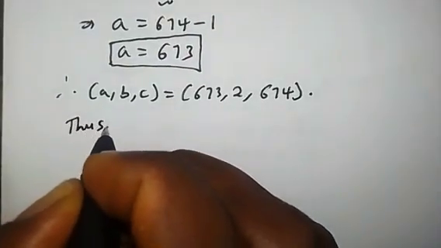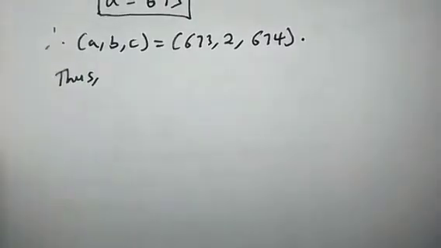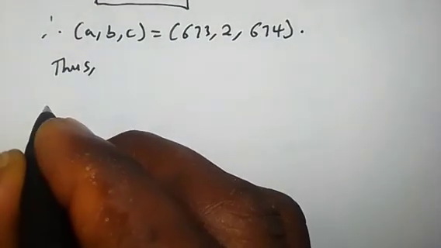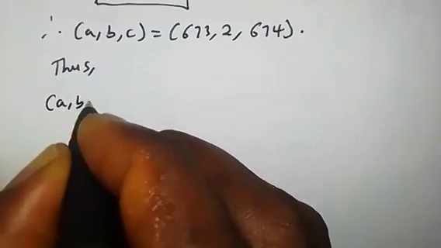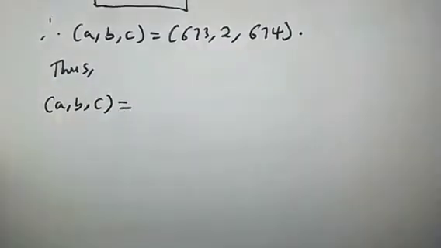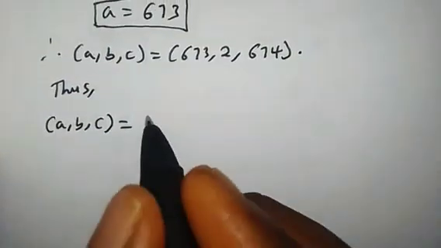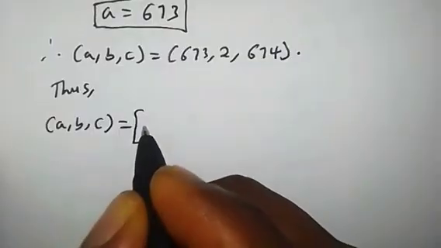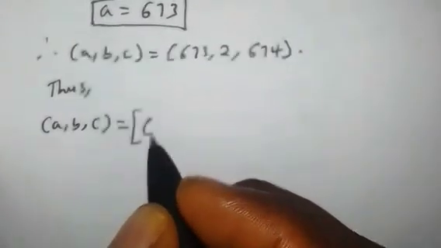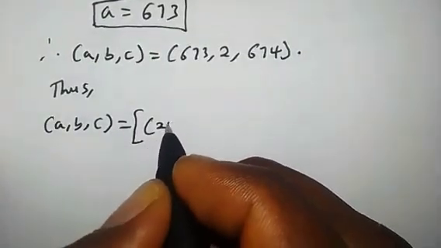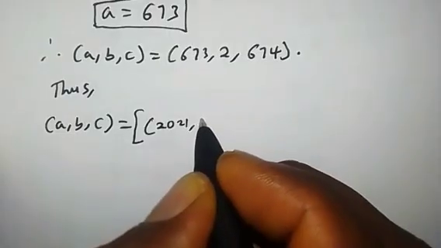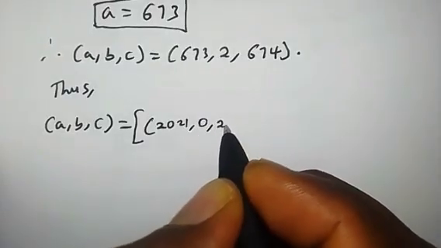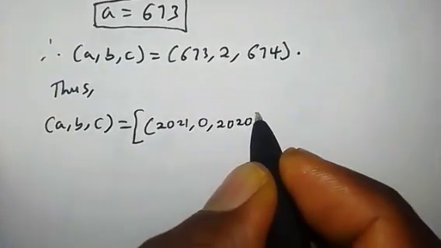Thus, the solutions that we obtain for this tricky math equation, A, B, C, is equal to the set of: the first solution that we obtained is 2021, 0, 2020.